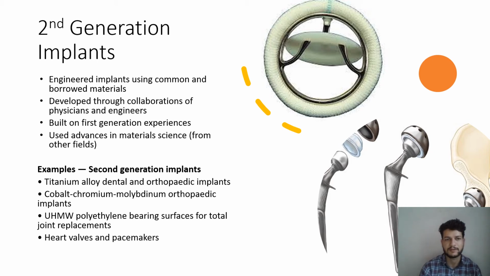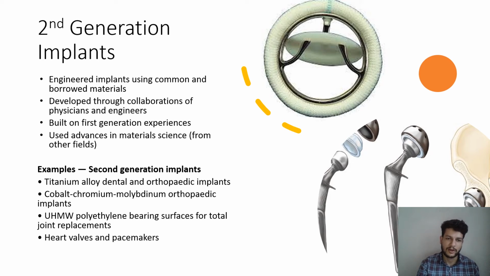These engineered implants are made from commonly used materials, and most of the materials in second generation implants were metals. For example, titanium alloy is used in dental and orthopedic implants because it is a very hard material.